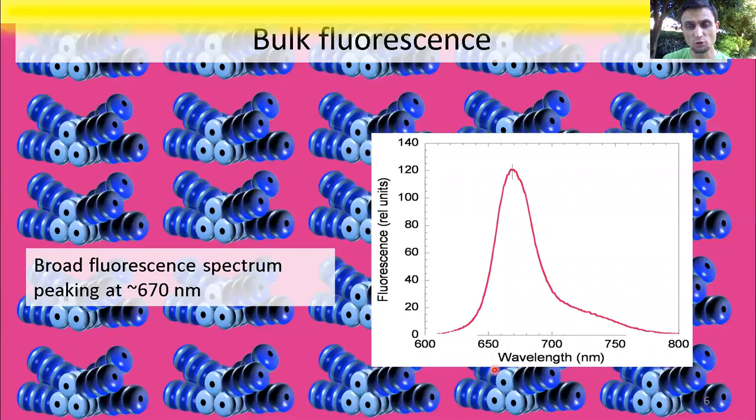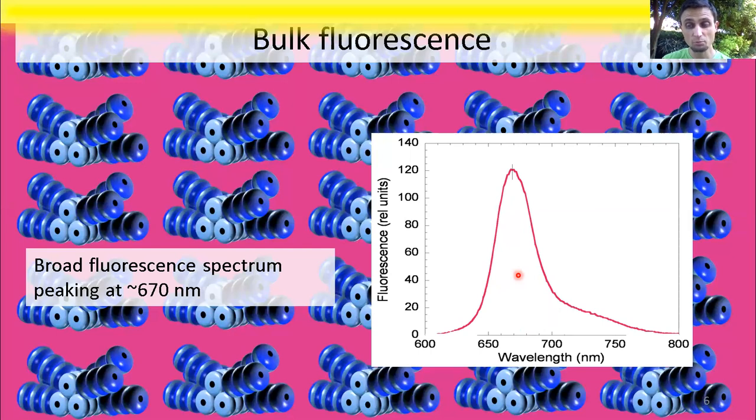Now, one challenge when you do an ensemble experiment is that you measure the average spectroscopic properties of perhaps a few million or billion complexes in all sorts of conformations associated with varying degrees of quenching and spectral properties. For example, a bulk fluorescence spectrum of a light harvesting complex at room temperature is typically broad and featureless, but a lot of information may be hidden below this broad peak.